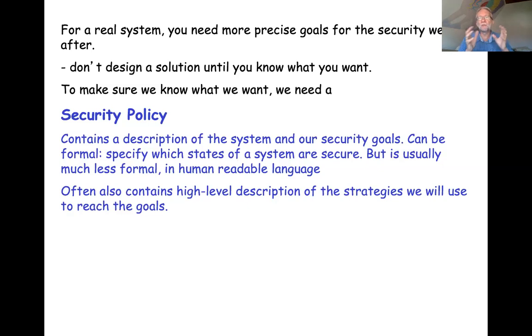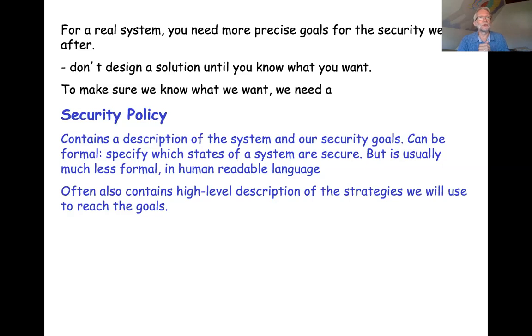And then it would be very simple to specify the security policy. I could simply say, those states over here, those are the secure states. I like those states. These other states are insecure. I don't like those. And then I would simply say, I'm not going to allow any event in my system that will move the system from a secure state to an insecure state.